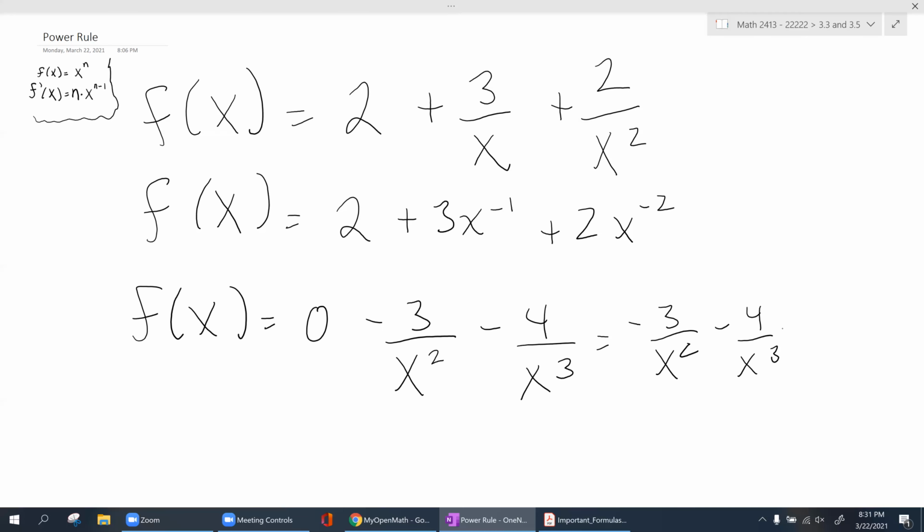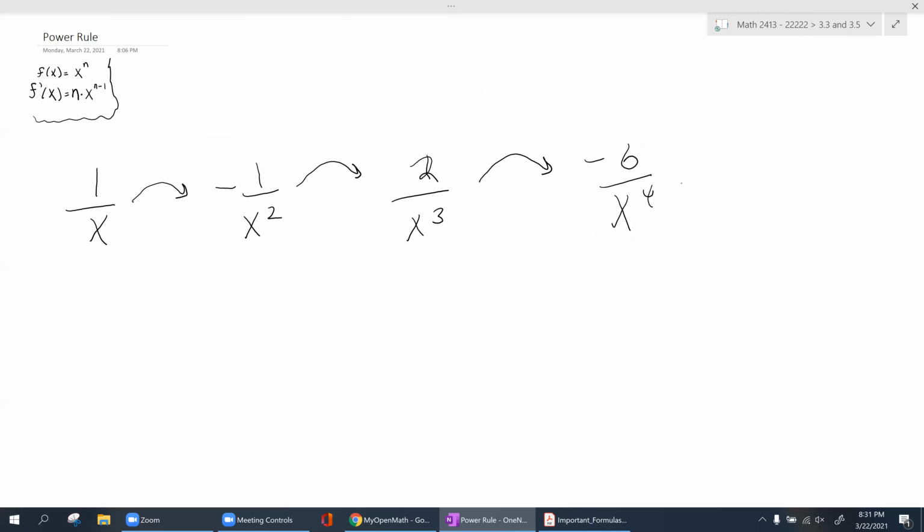There's a lot of these that you're going to be doing right off the bat, so I'm going to give these to you. If you have 1 over x, the derivative of this is -1 over x squared. The derivative of this is 2 over x cubed. The derivative of this is -6 over x to the 4th, and so forth.